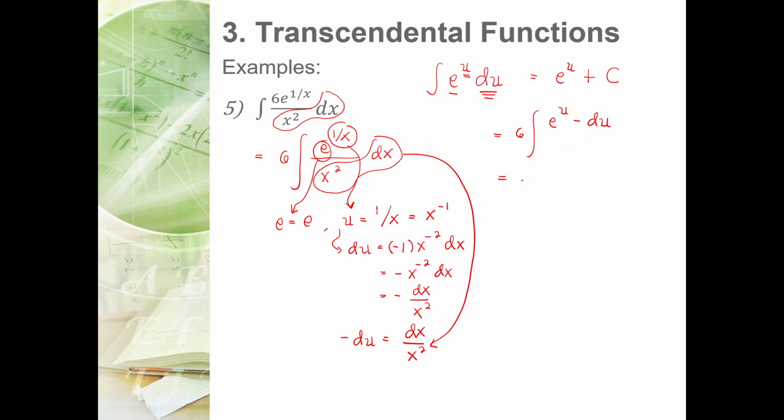So we have negative 6, taking negative 1 outside the integral, of e to the power of u du.